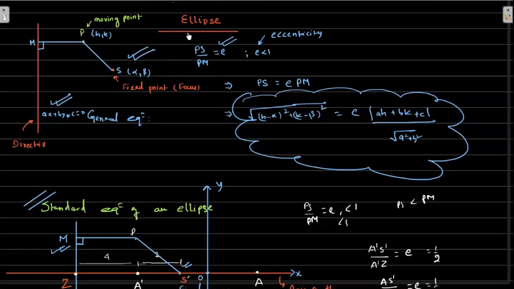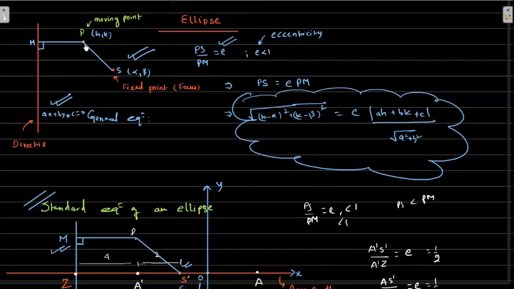Like in case of ellipse, let's see how we impose the condition over the moving point. You will be given a fixed point and a fixed straight line. The fixed point we call the focus and the fixed straight line we call the directrix. This point is allowed to move over this plane, but under a fixed geometrical condition.